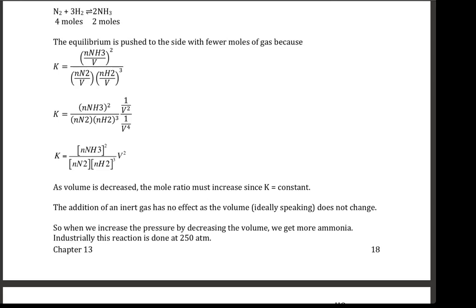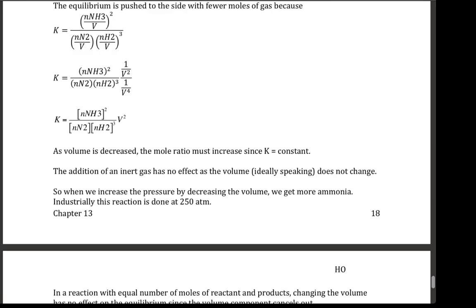The addition of an inert gas has no effect, as the volume, when we add an inert gas, at least ideal gas-wise, does not change. So industrially, the pressure is increased by decreasing the volume, and more ammonia is squeezed out. Industrially, this reaction is done at 250 atmospheres.